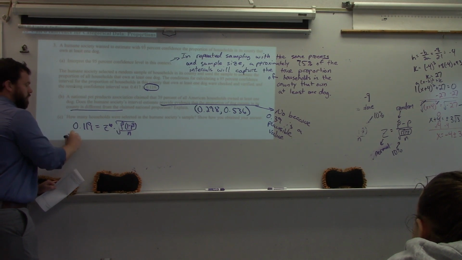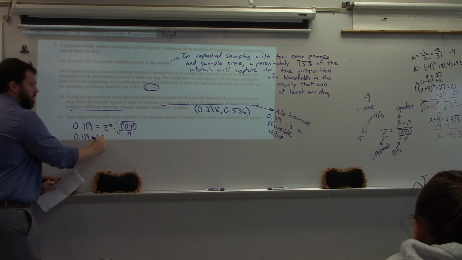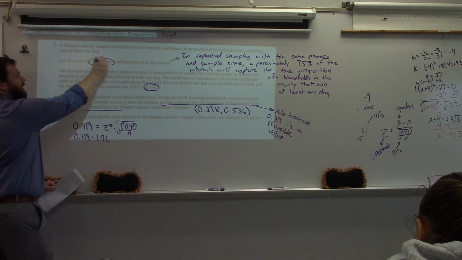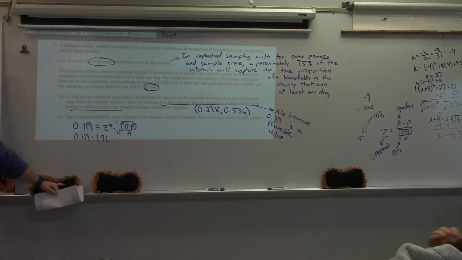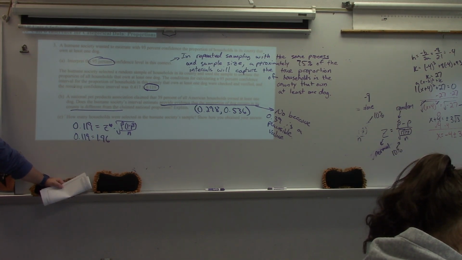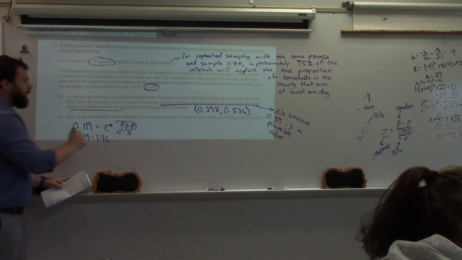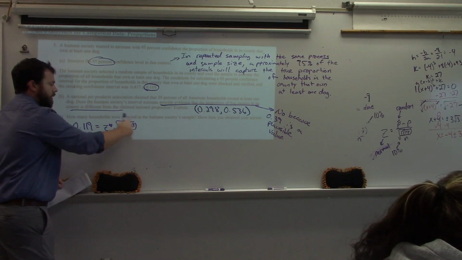Should be 1.96. Why 1.96? Just the critical value for 95%. It's just a memorization. Remember I've told you, 95, 99, and 90%, those are the three most common ones. It'd be a good idea to know those critical values, but you can also use the calculator to help you find it.